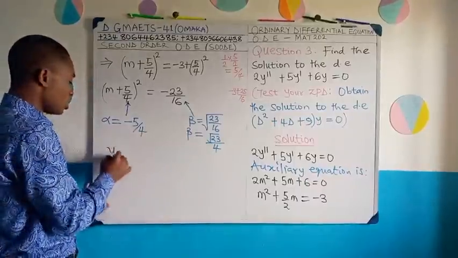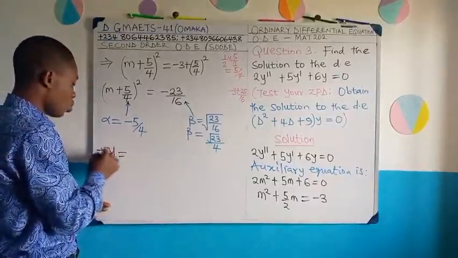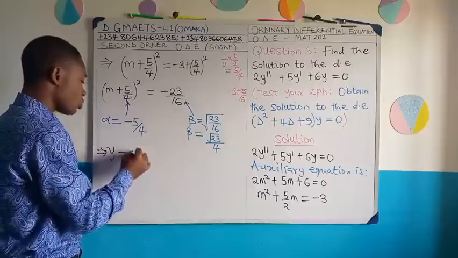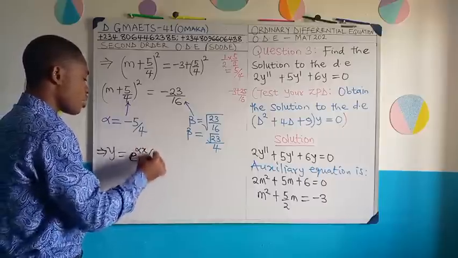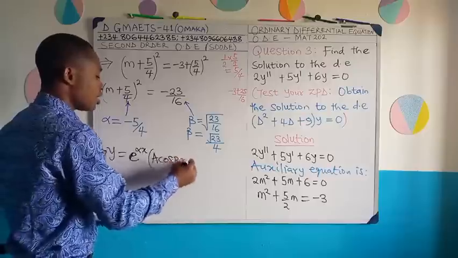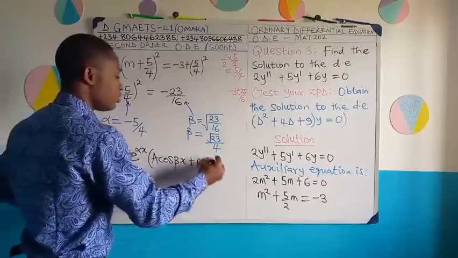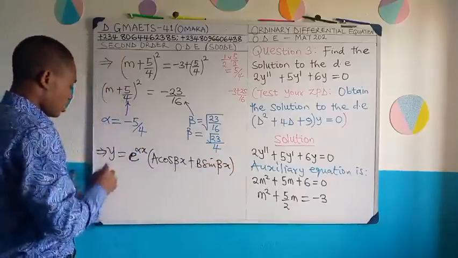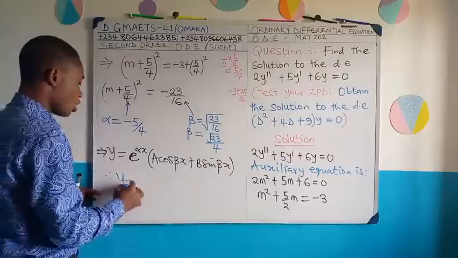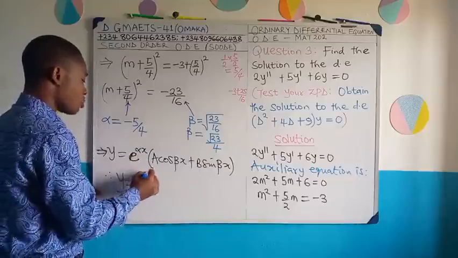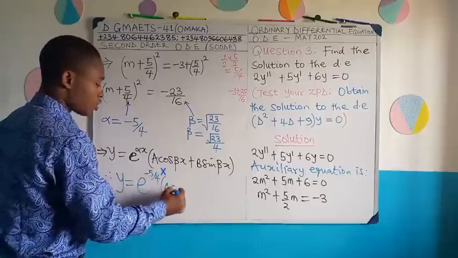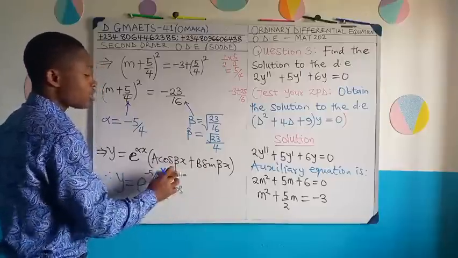From here, the general solution will now become y equal to exponential alpha x, open bracket, a cos beta x, then plus b sine beta x. Therefore, the final answer to this is y equal to exponential, our alpha is minus 5 over 4, open brackets, the constant of integration, which is a cos beta x.